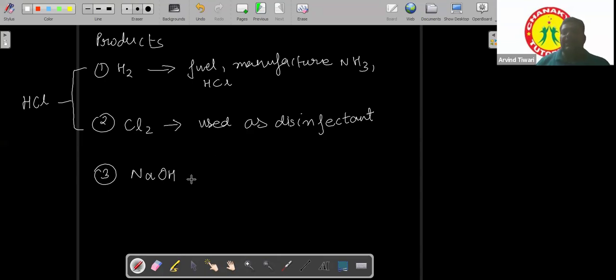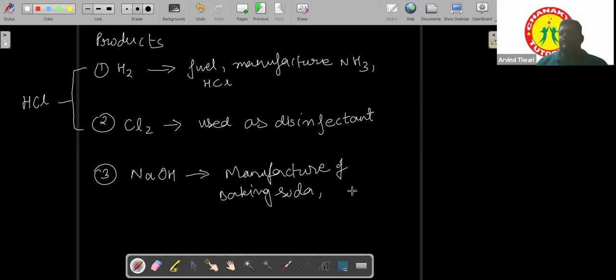Then alkali, or sodium hydroxide, has its own applications in the manufacturing of other chemicals. It can be used for the manufacture of baking soda and washing soda.